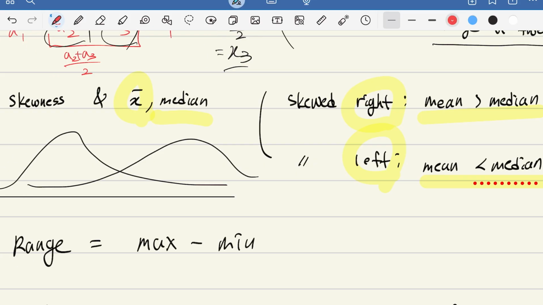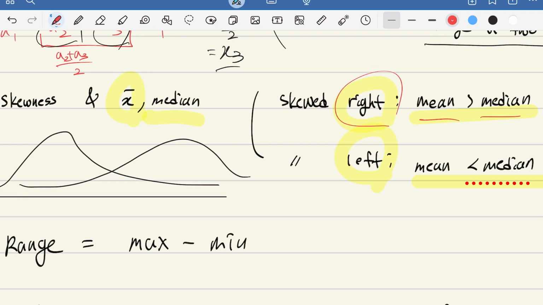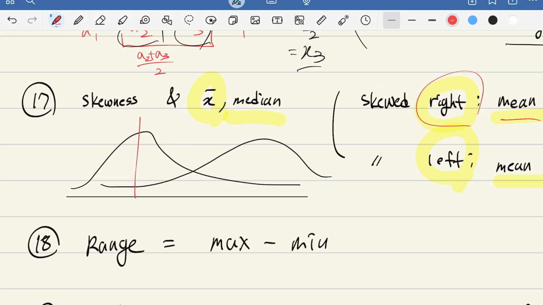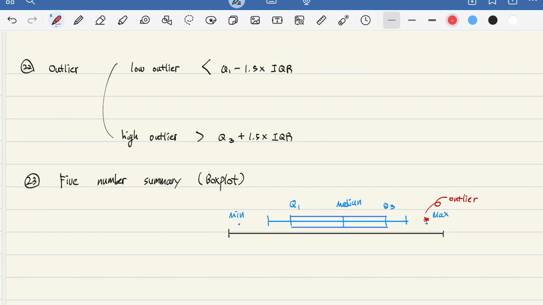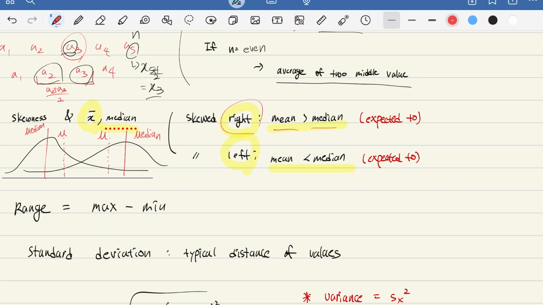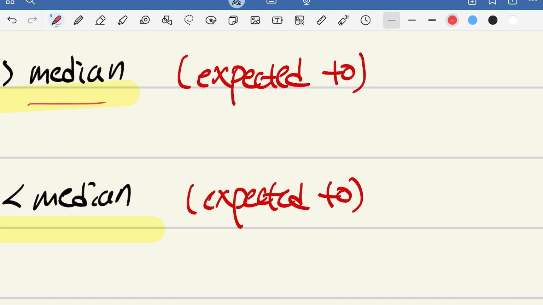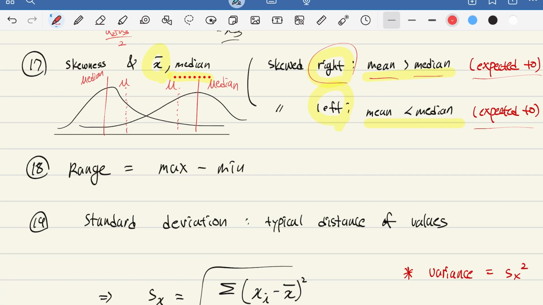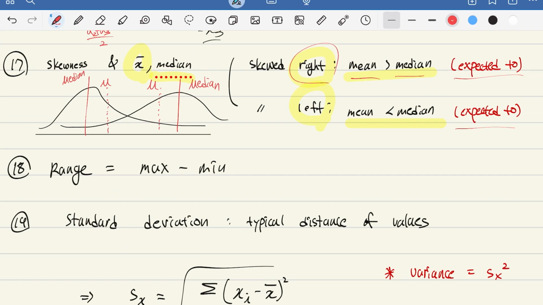When skewed right, the mean is bigger than the median, so the median is going to be here and the mean somewhere over here. When it's skewed left, it's the opposite. And these are not absolute, because they are just expected to be like that. If there's an irregular form or an outlier, it can change.